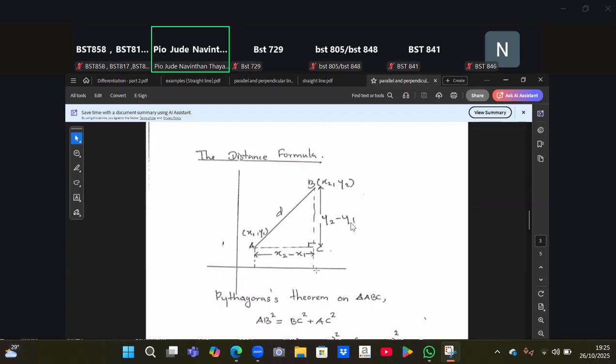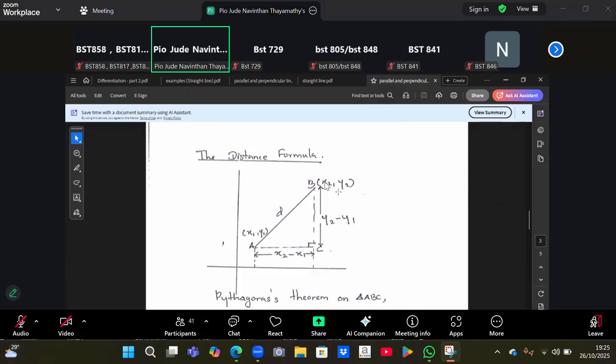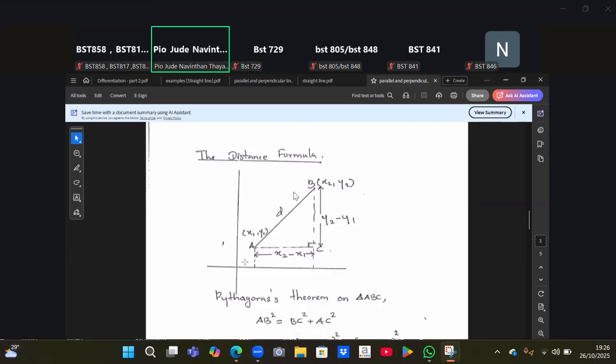So this piece is x2 minus x1, and the y part is y2 minus y1.